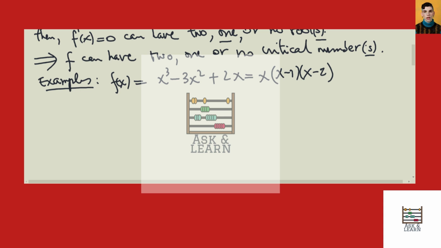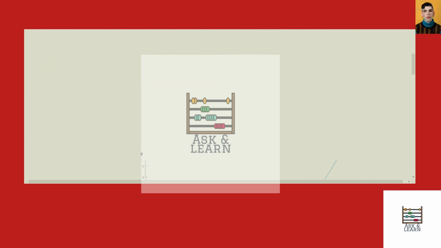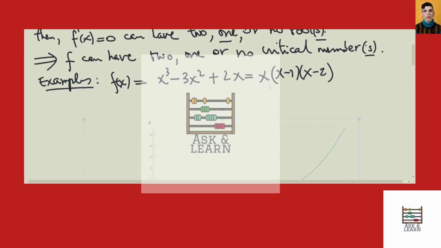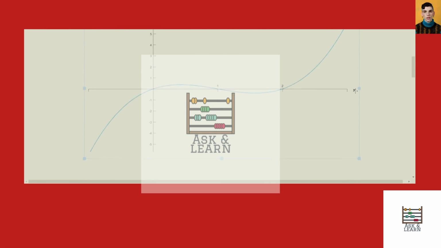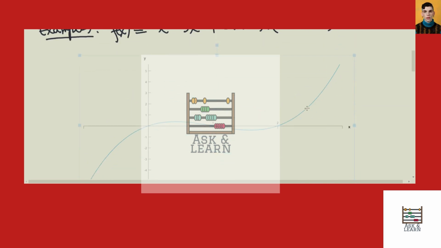And the derivative, 3x squared minus 6x plus 2, has two different real roots. So in that case, the function has two critical numbers. The graph of this function, with three real roots, x equal to 0, x equal to 1, x equal to 2, is this one here. As we can see, we have two values of x for which the derivative is 0, about this point and about this point here.